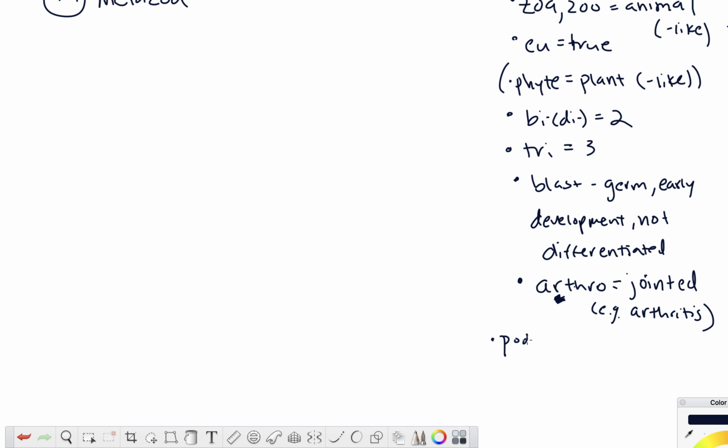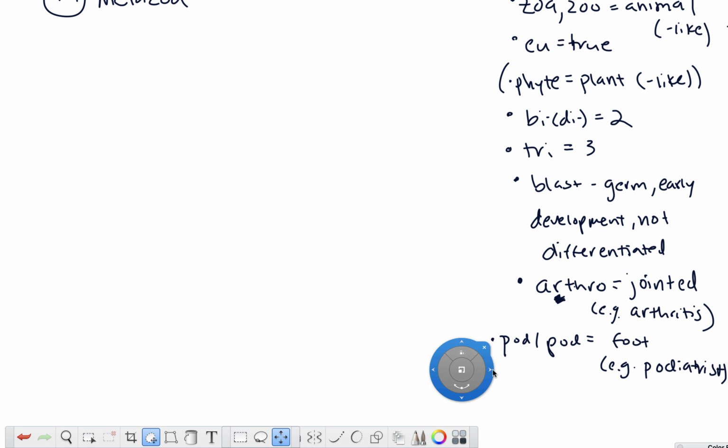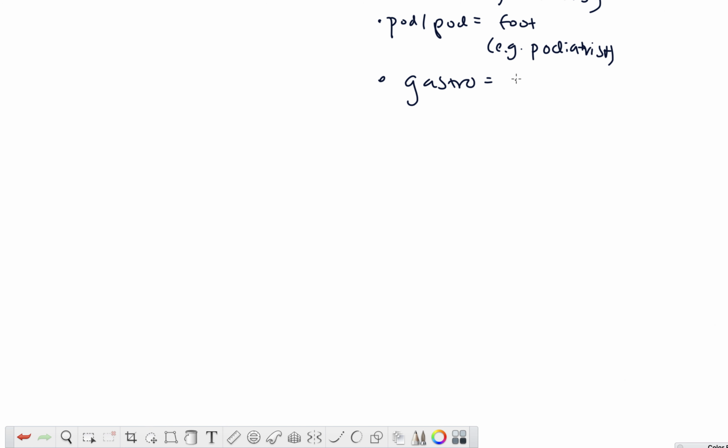We have pod and poda, which equals foot or foot-like. So you may know the doctor you go to if you have a foot problem, it's a podiatrist. These are just hints to help you remember. Gastro means stomach. So gastro, like for example, your gastrointestinal doctor, that's what GI means, or gastrointestinal tract. Cephalo means head.